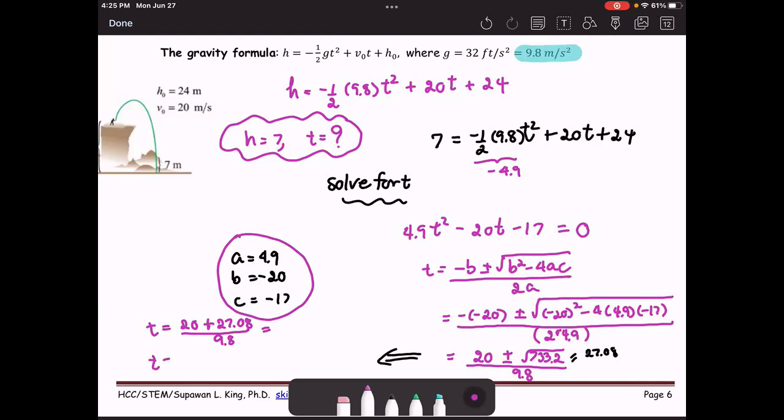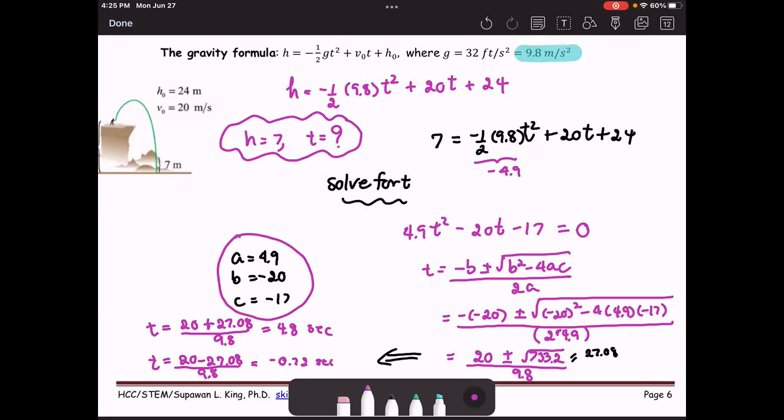The other one is t equals 20 minus 27.08 divided by 9.8 as another solution. Putting it in the calculator, we got the first one as approximately 4.8 seconds. The second one is negative 0.72 seconds.